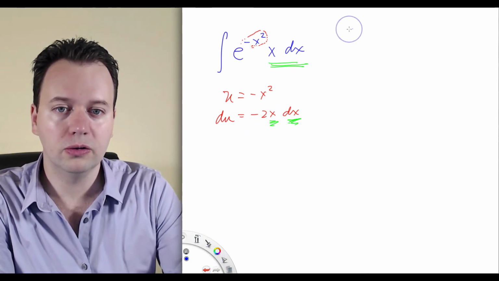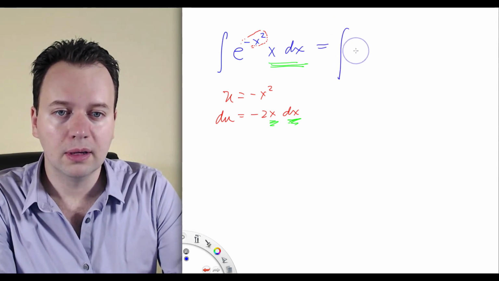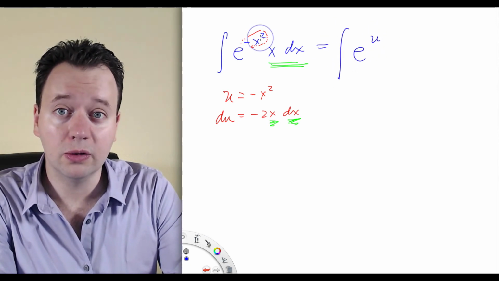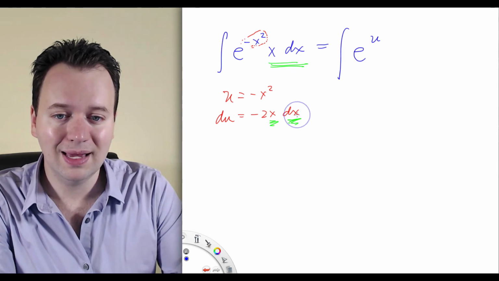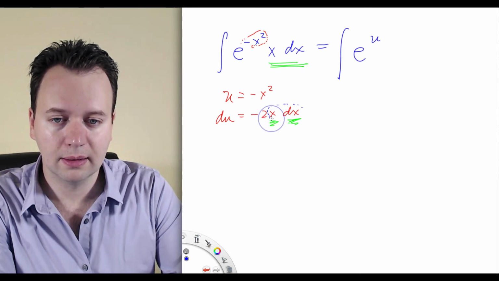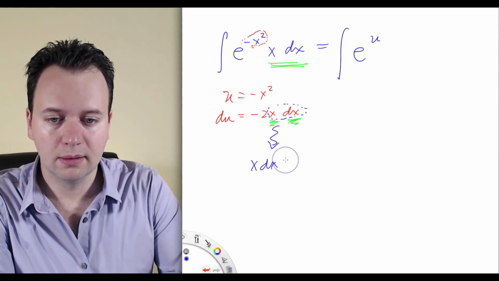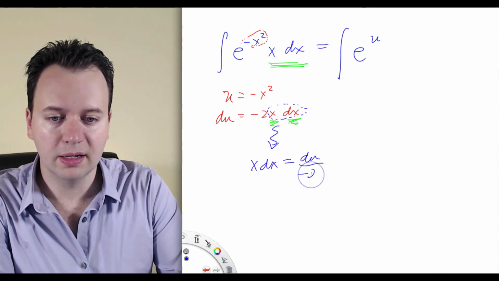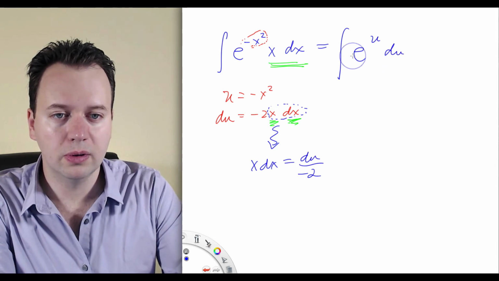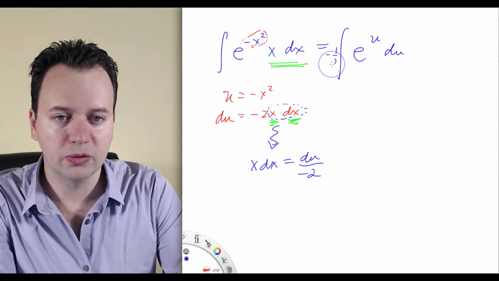So when I do my substitution, it's e to the u, because u was equal to minus x squared, and x dx is equal to du over minus 2. So then we have du, and then I'll just write minus 1/2 outside.